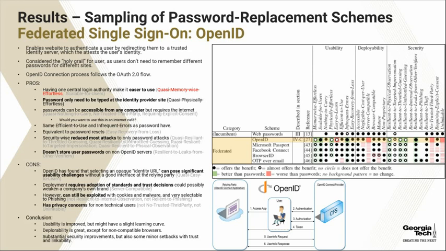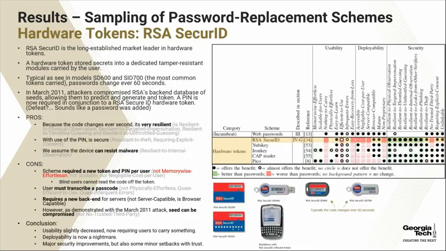And it can be exploited with cookies and malware and really phishing. So it has some privacy concerns for non-technical users and even technical users alike. But overall, it's pretty strong, provided you can get around some of those larger deployability issues, and again, some of those security setbacks and trust setbacks.